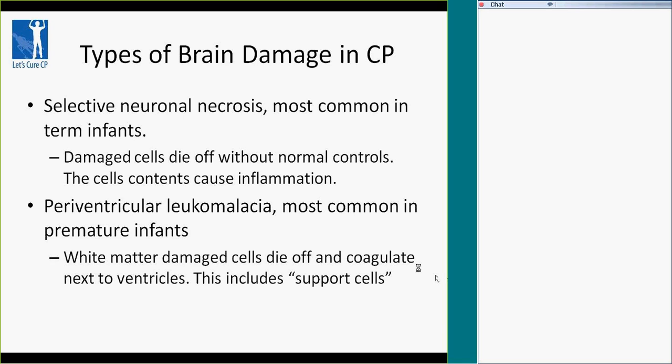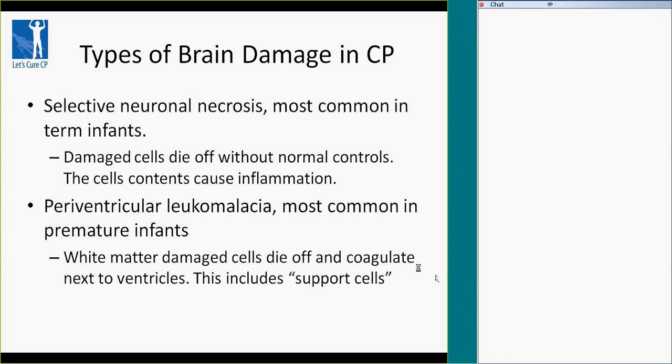Okay, there are two types of brain damage primarily in CP. There's selective neuronal necrosis. Now, necrosis is cell death, but in an uncontrolled manner. The other type of cell death is called apoptosis, and that is a chemical process for signaling which basically shuts the cell down and marks it for the body to remove it.